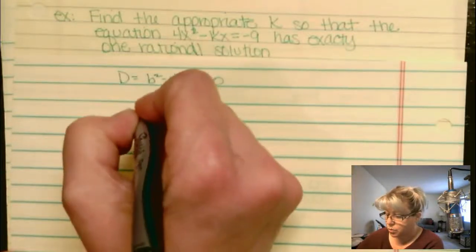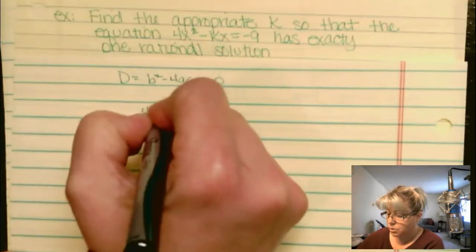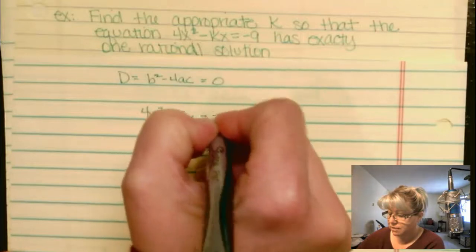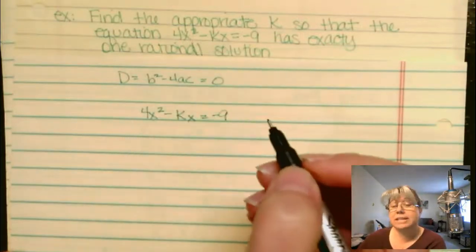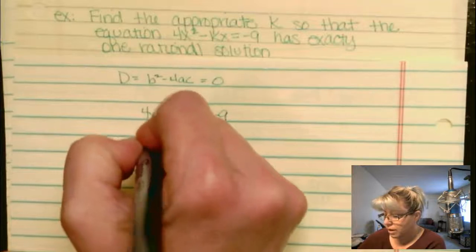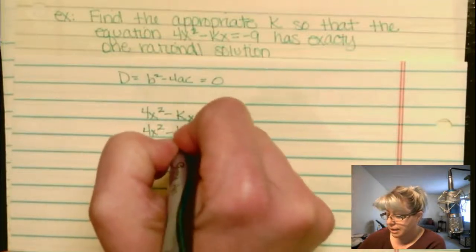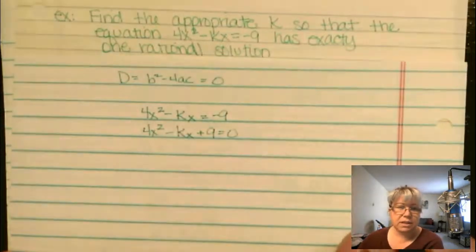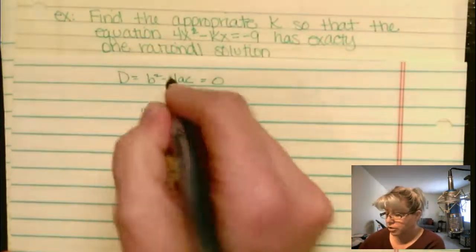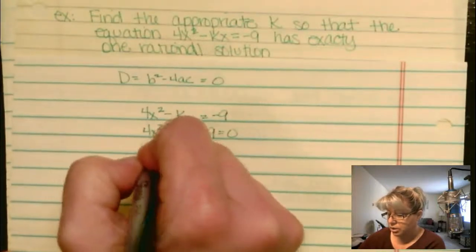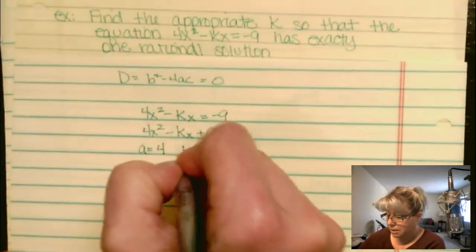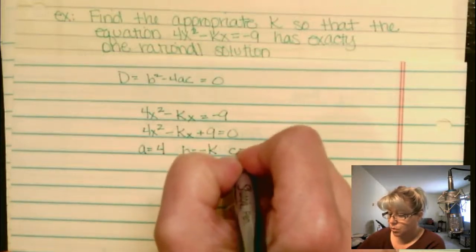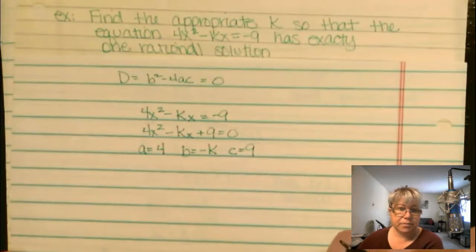First things first, we need to write our 4x squared minus kx equals negative 9 quadratic equation in standard form. 4x squared minus kx plus 9 equals 0. That means our values for our determinant: a equals 4, b equals negative k, and c equals 9. Okay.